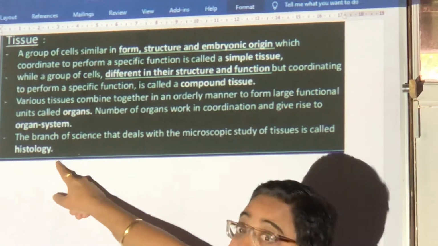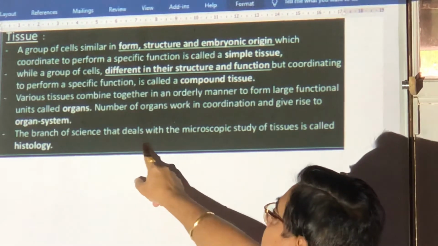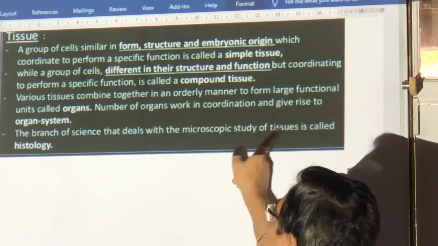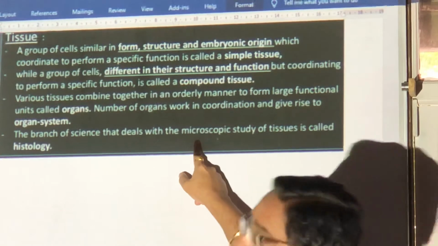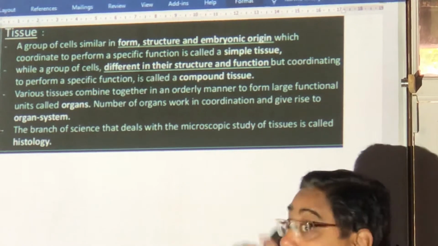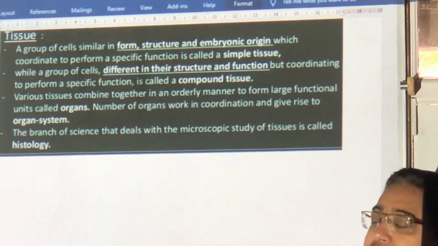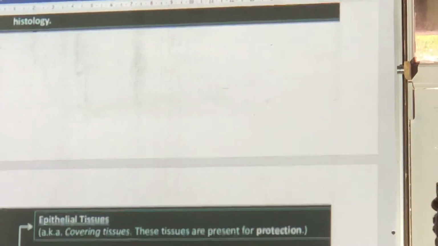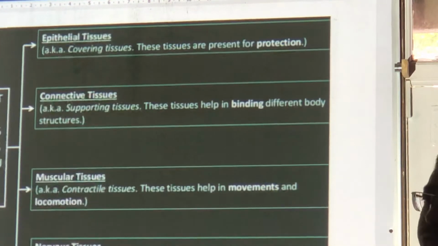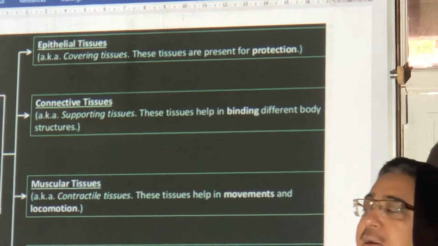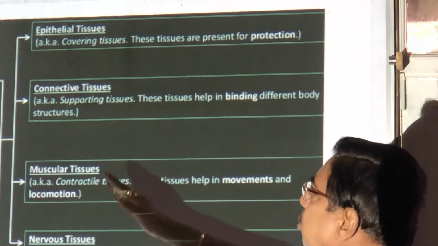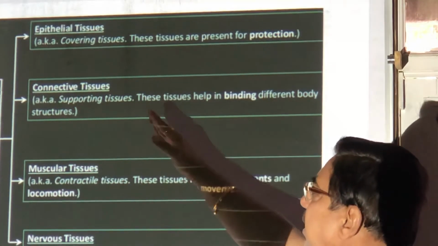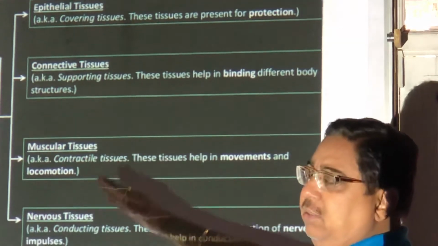What is histology? The branch of science where you study tissues under a microscope is called histology. Microscopy is important, my friends. What are the four types of tissue? Don't write the 9th standard plant tissues. Animal tissues are epithelium, connective tissue, muscles and nervous tissue.